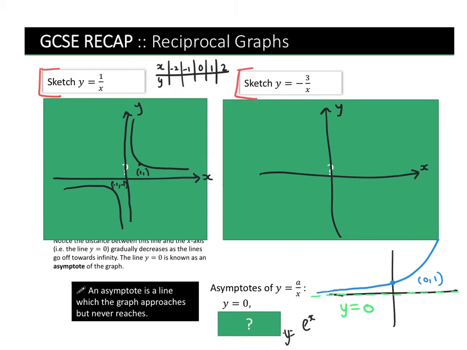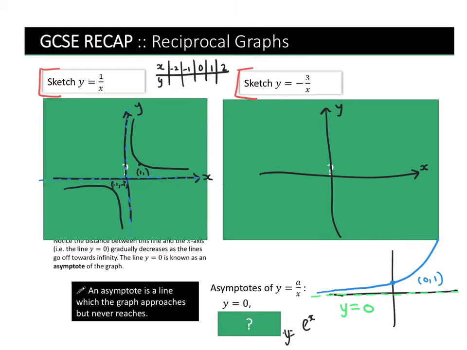And then we've got our asymptotes, which are on the lines y equals 0 and x equals 0. Remember, we discussed this yesterday. It will never touch that line for infinity.